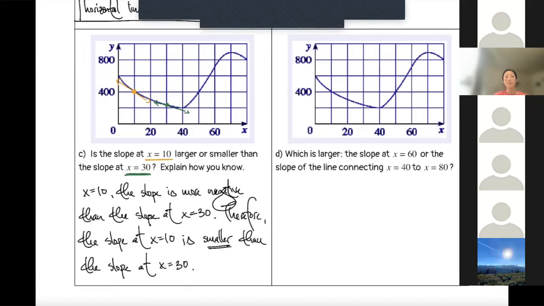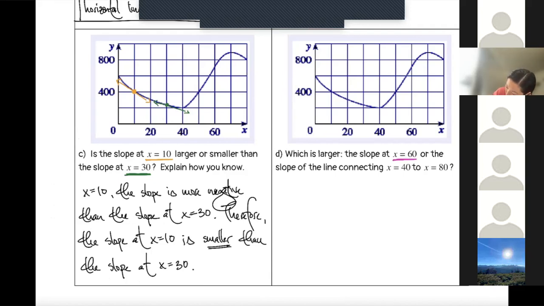I know that's weird, but I did want to use that to highlight this idea that we need to make sure we read the question carefully, that we know what it is asking us to compare, okay? All right, we've got one last picture to take a look at here. Which is larger, the slope at x equals 60 or the slope of the line connecting x equals 40 to x equals 80?